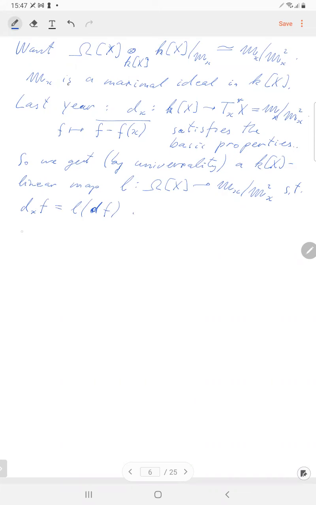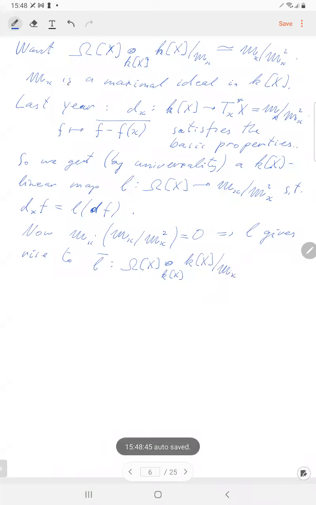Now, m_x times m_x modulo m_x squared is 0, and hence L gives rise to L bar, a k-linear map of vector spaces from the fiber of the Kähler differentials to the Zariski cotangent space.